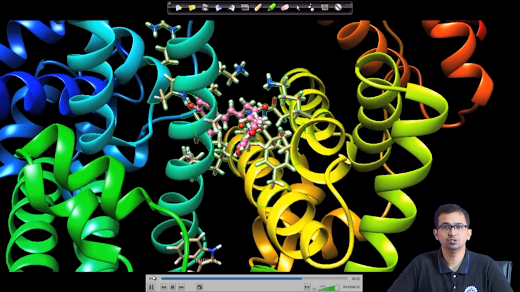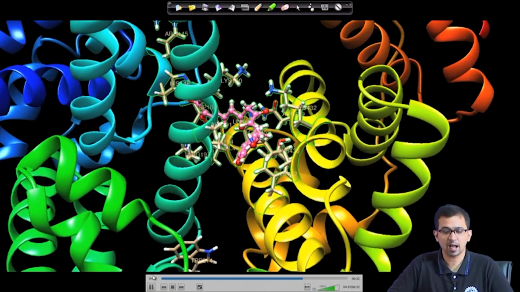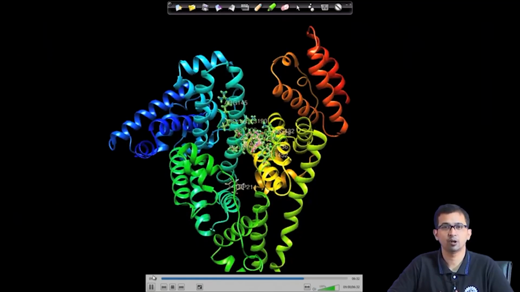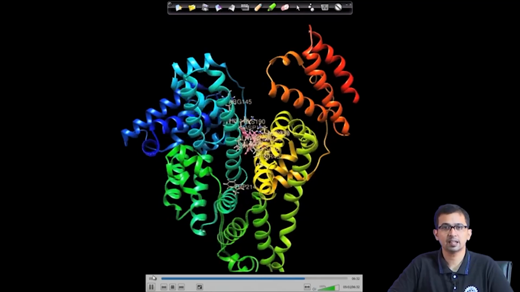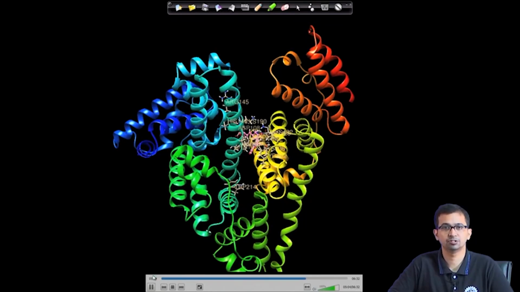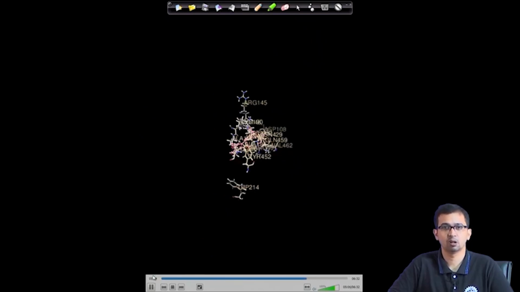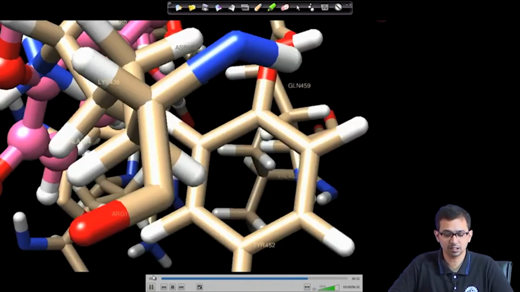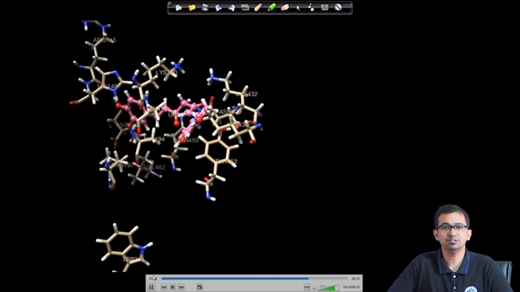These are the residues and we can label them, but it seems a bit cumbersome, so we hide the ribbon structure of the protein.